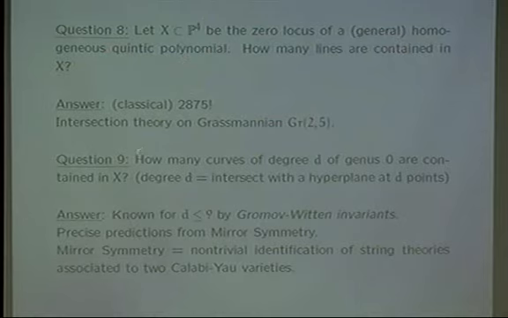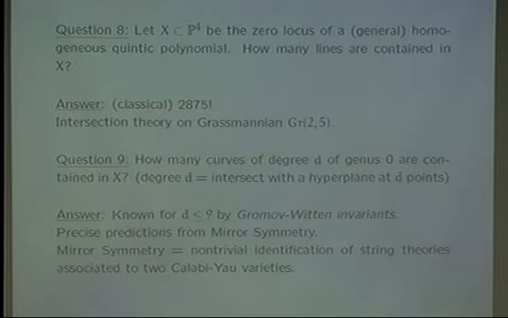Then by a Riemann-Roch calculation, you get this precise number, 2,875. My understanding is that this is the reason why Schubert calculus was developed. To do this calculation, they had to know the cohomology ring of the Grassmannian.